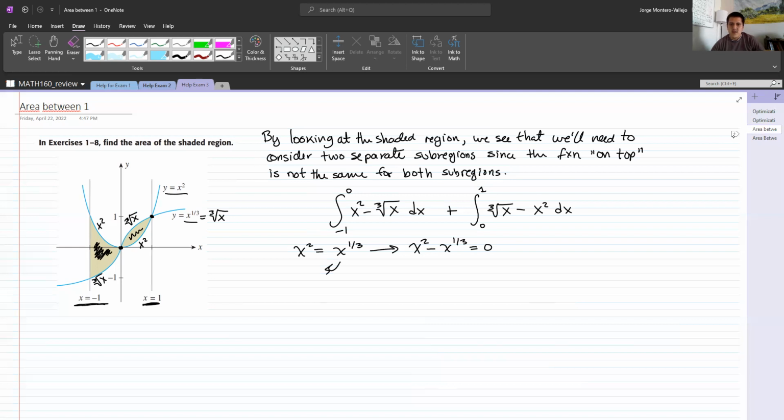And once you have it like this, you want to factor out x raised to 1/3 for both. Of course, this is going to give you 1. And what is it going to be left here? Well, it's going to be some power of x, but we don't know the power. Remember that when you plug it back in, you should get back your original expression.